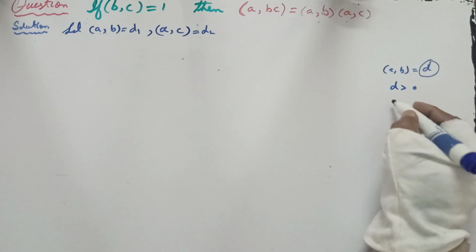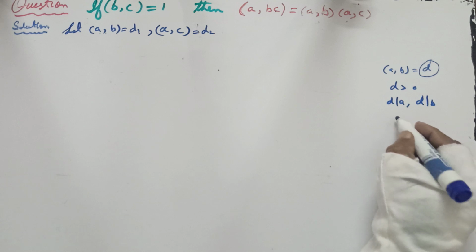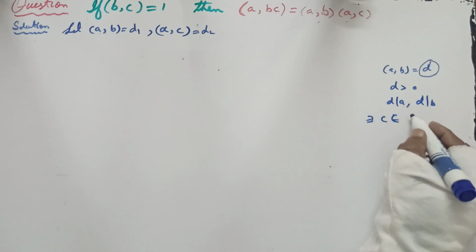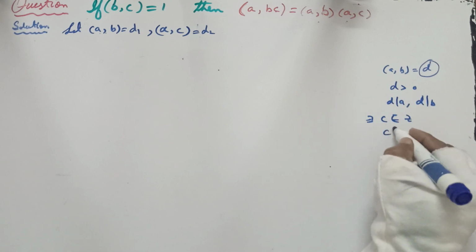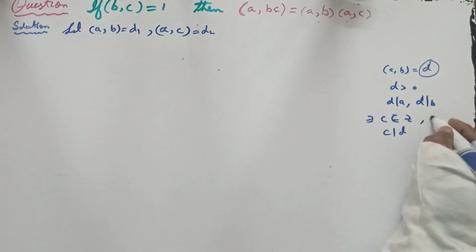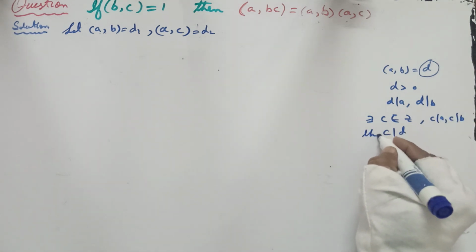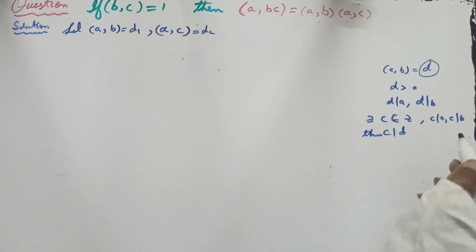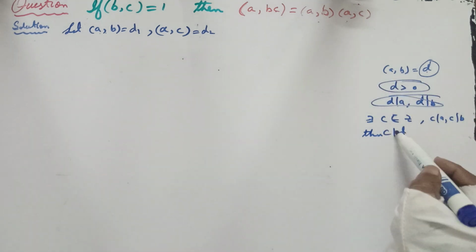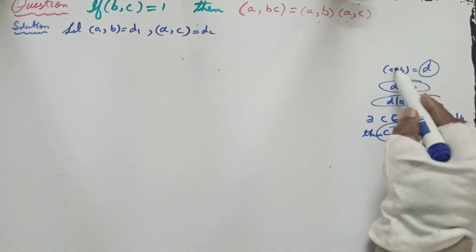D must be greater than 0, D divides A and D divides B, so it is a common divisor of both, and for any other common divisor C, C divides D. If C divides A and C divides B, this is a common divisor, then C must divide the greatest common divisor. If some number satisfies these 3 conditions, then we can say that this is the GCD of these two.